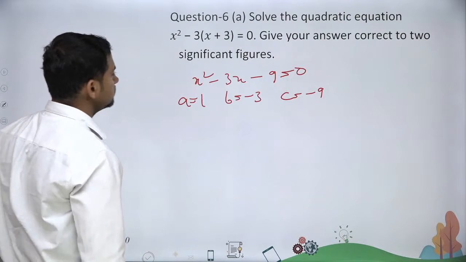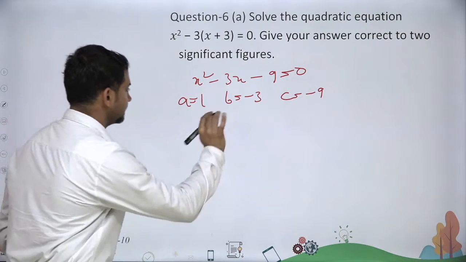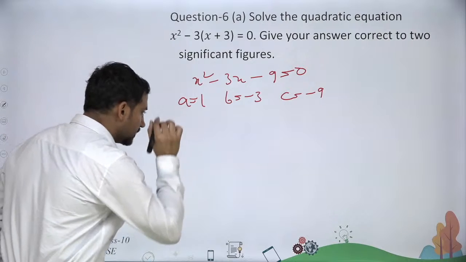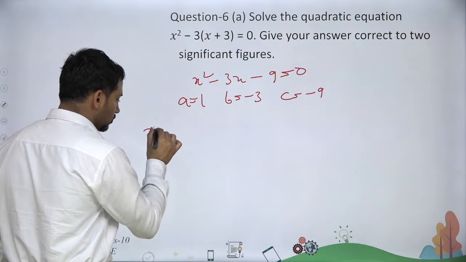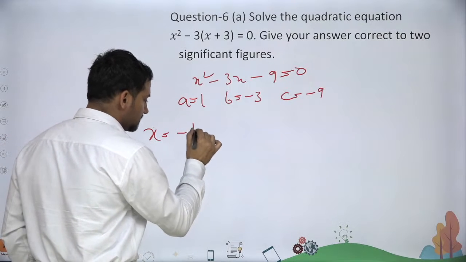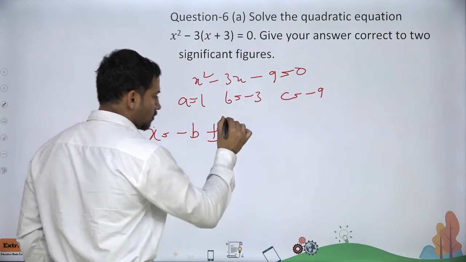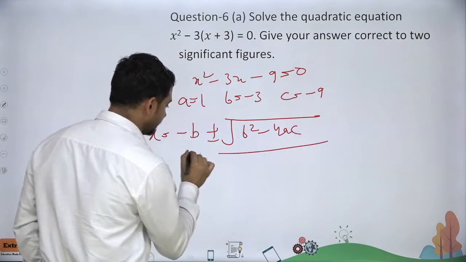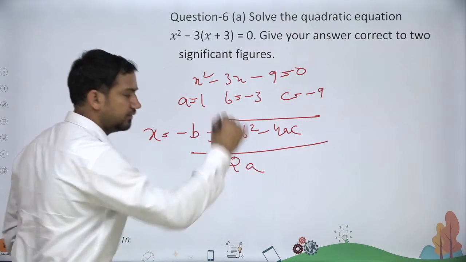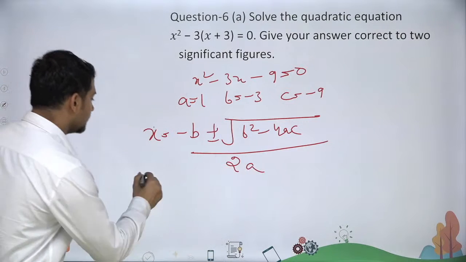Now, just see, the most important part. We know the formula. X is equal to minus b plus minus under root b square minus 4ac upon 2a. This is the quadratic formula. Now, what is the value of x?